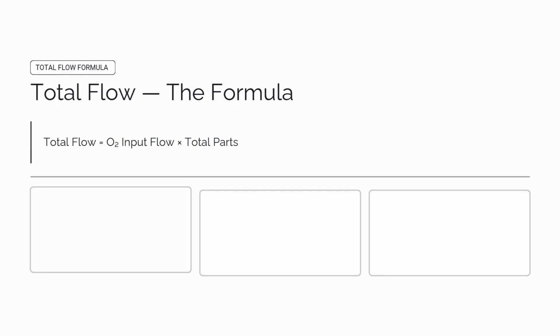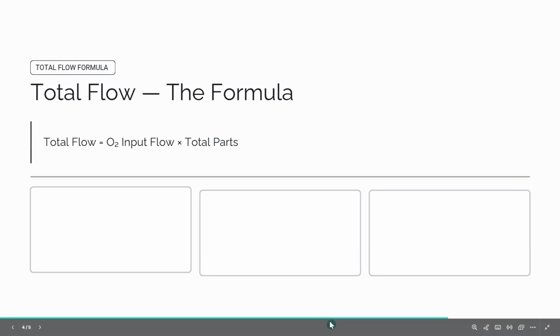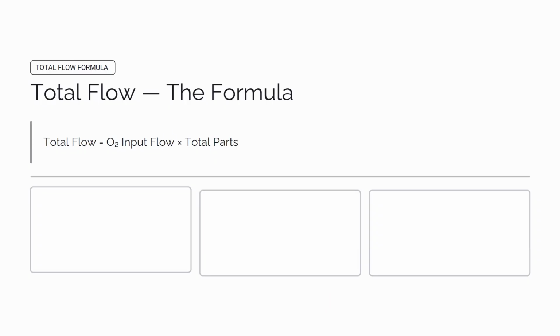Now, here's where this starts to explain our opening question: how 6 liters becomes 24 liters out. The formula is total flow equals oxygen input times total ratio parts. Let's slow down on what those words actually mean. Oxygen input flow is the number you dial in on the flow meter. That's pure oxygen going into the device, not the mixture leaving it.